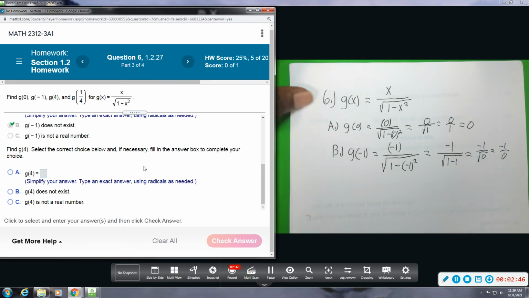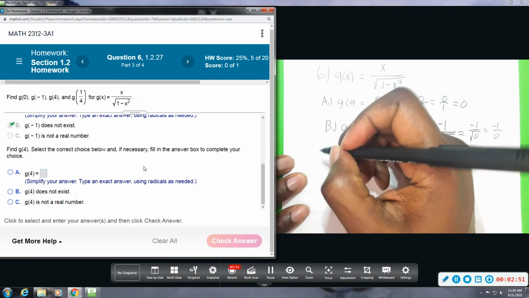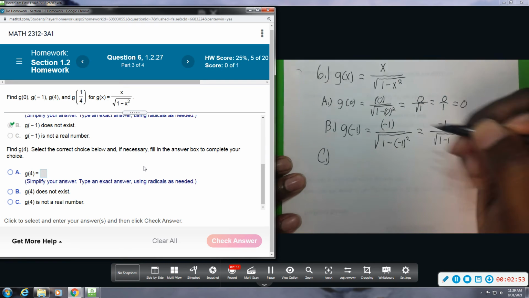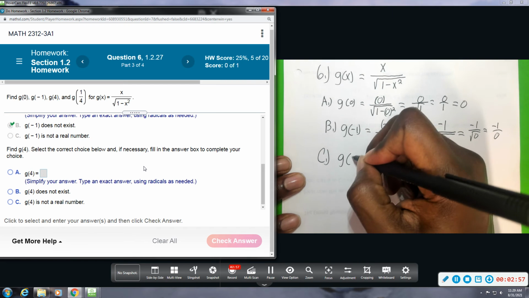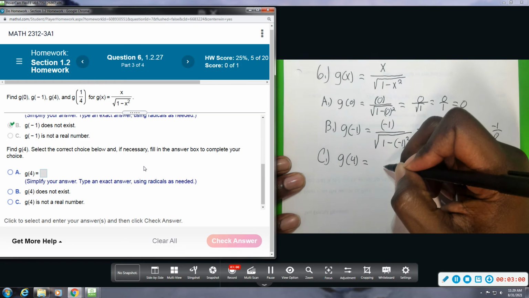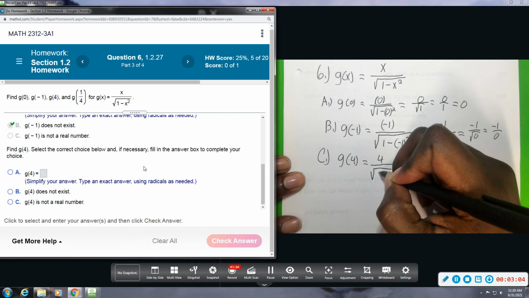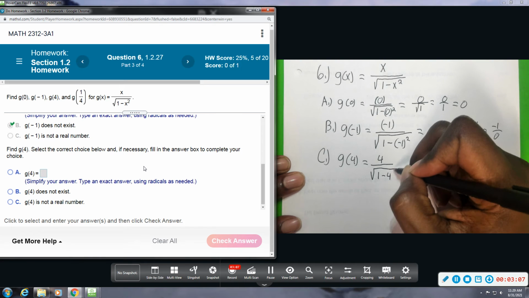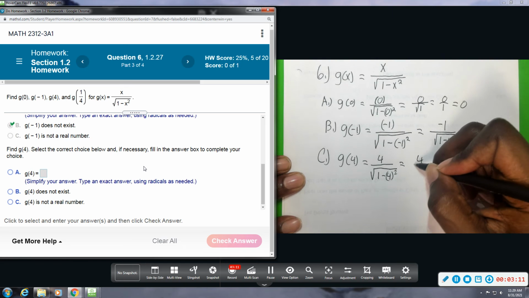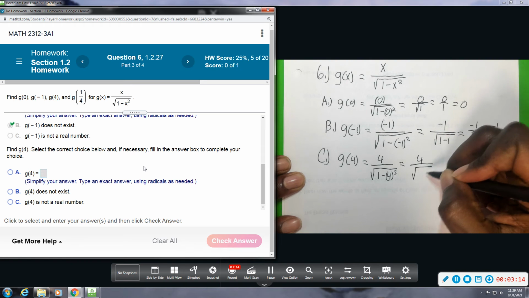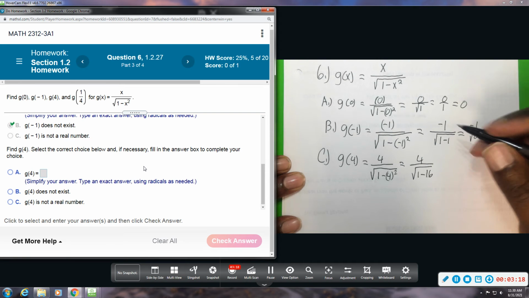All right, part C. We're going to find g of 4. Here we plug a 4 on top, and the square root of 1 minus 4 quantity squared would leave us with 4 over the square root of 1 minus 16, when you square 4.